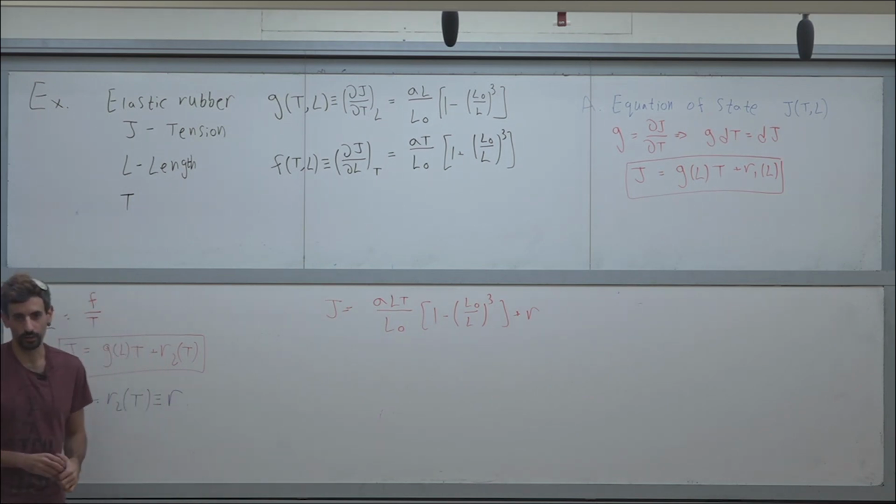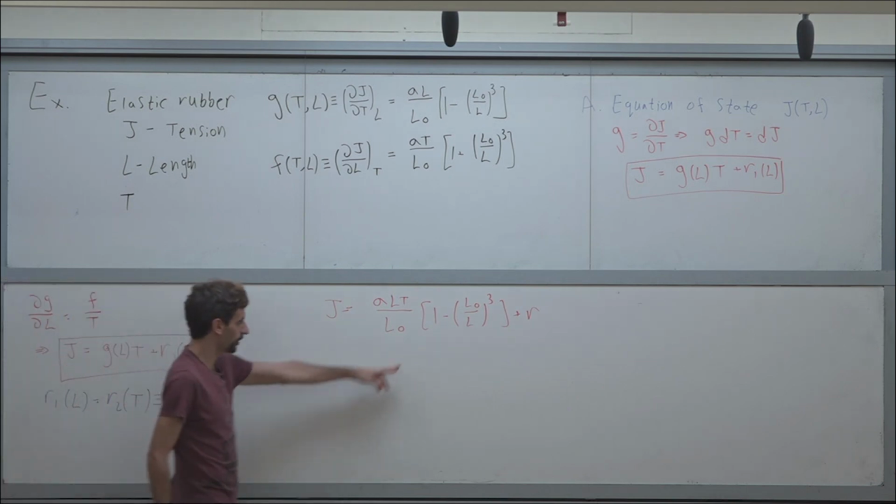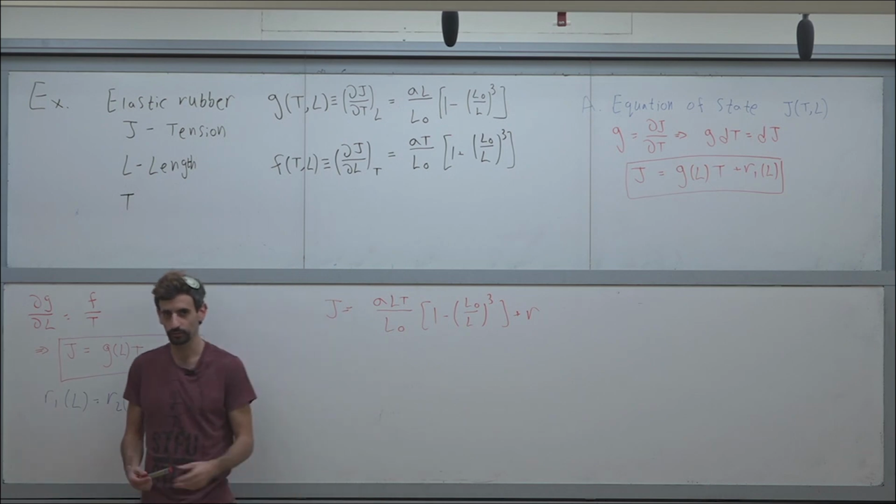And now, how can we find the constant? What's the condition it needs to satisfy? J is a tension, right? So if L equals L naught, what should the tension be?